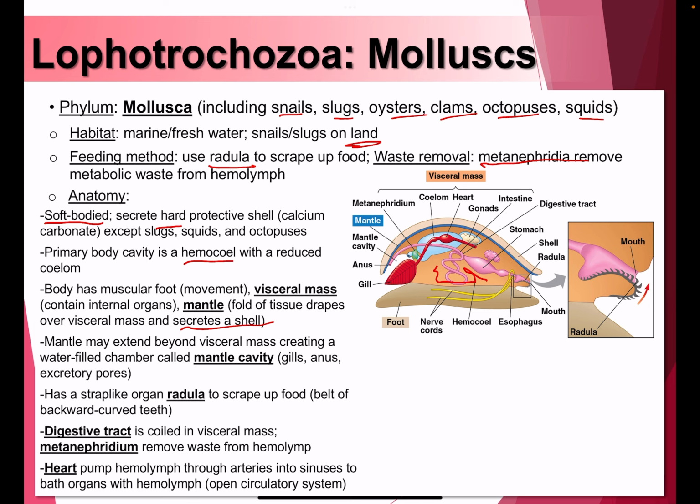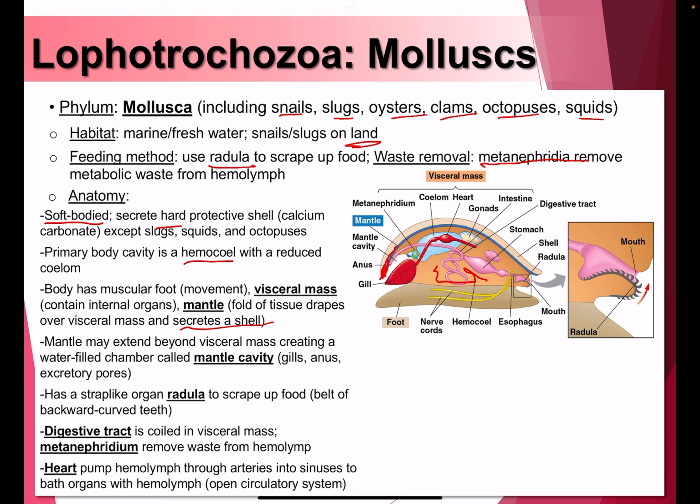Mantle may extend beyond the visceral mass like this because the visceral mass ends right where the tan area is. So the mantle kind of can extend over that, which then creates a fluid filled chamber called the mantle cavity. And inside this mantle cavity is where we can have gills, the anus right there, and also other excretory pores that need to be expelling things will be coming out from here.